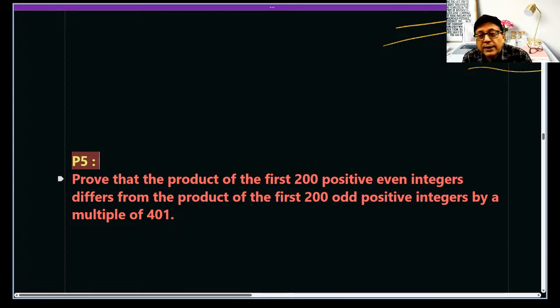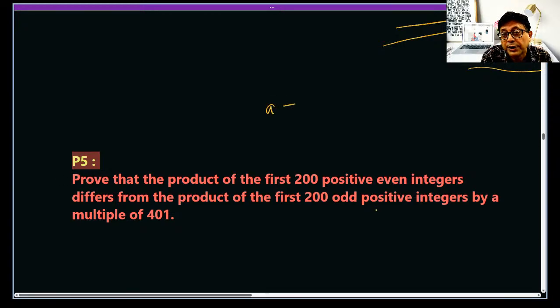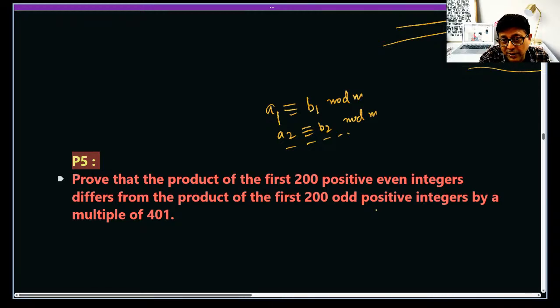401. This is actually based on the product one, which we have proved for 2. Suppose A1 is congruent with B1 mod M, A2 congruent with B2 mod M. And this way, we have done it for 2. You remember?